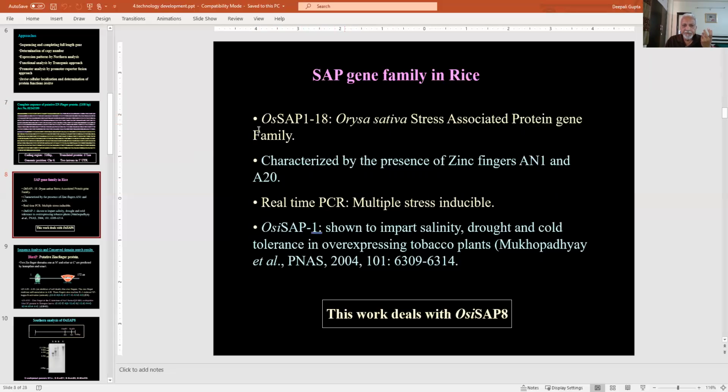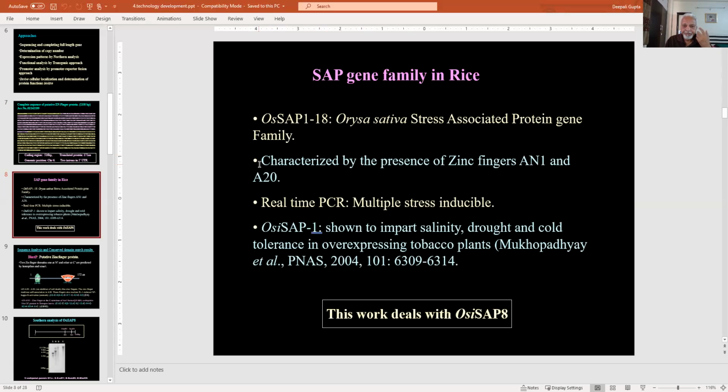And it is referred to as the Oryza sativa stress associated protein gene family, in short OsiSAP1 to 18. So you have Oryza sativa stress associated protein 1 to 18. So there are 18 members of this gene family.